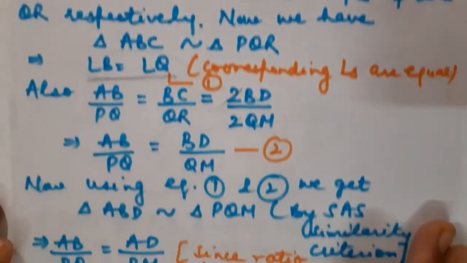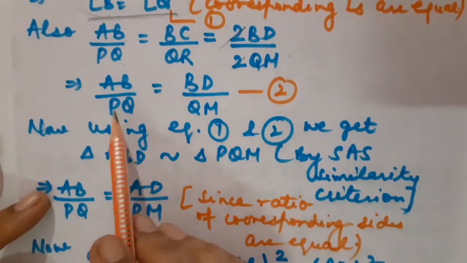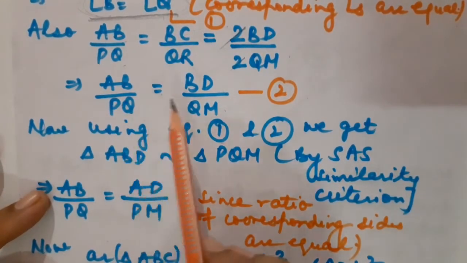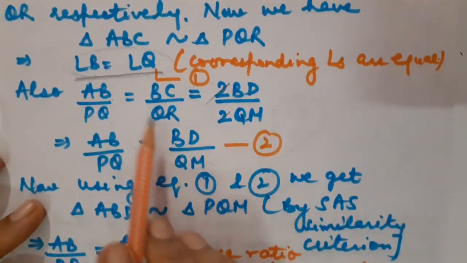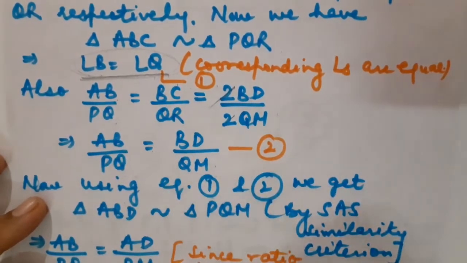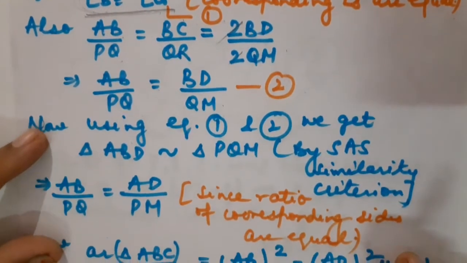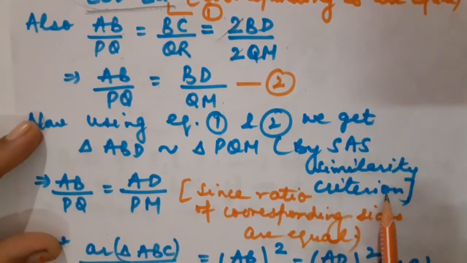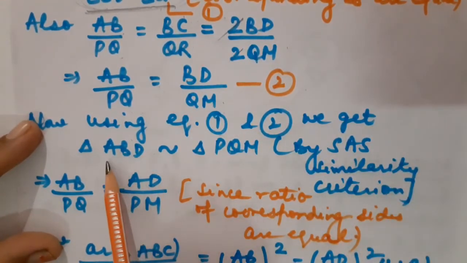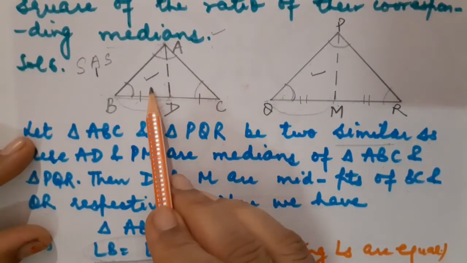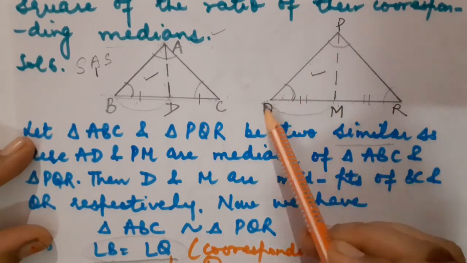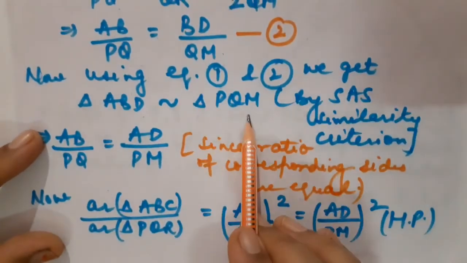As I know that AB upon PQ is equal to BD upon QM and angle B is equal to angle Q, so by SAS similarity criteria, I can say that triangle ABD is similar to triangle PQM. This is PQM. Got it?